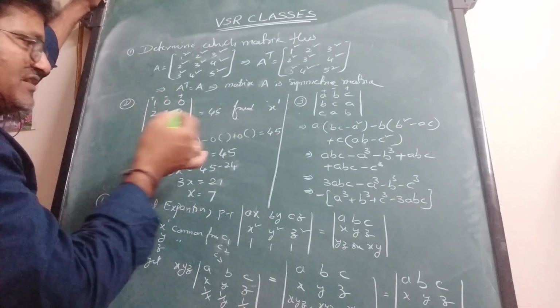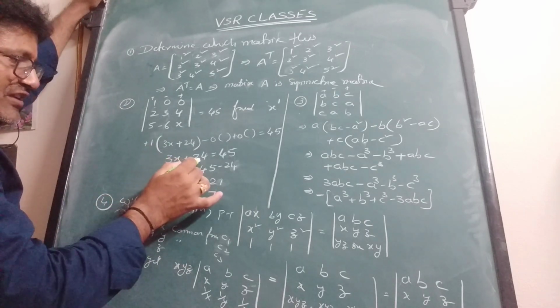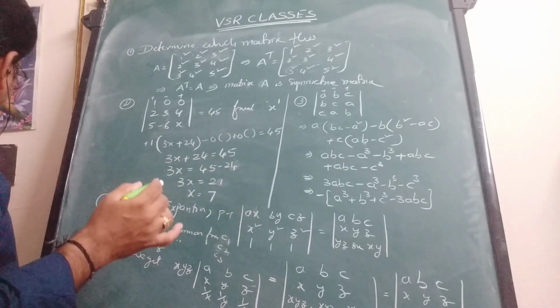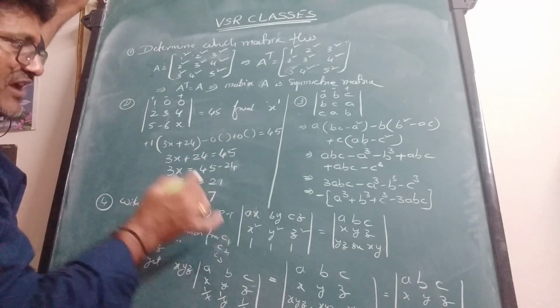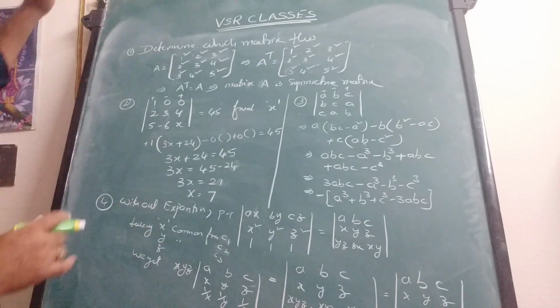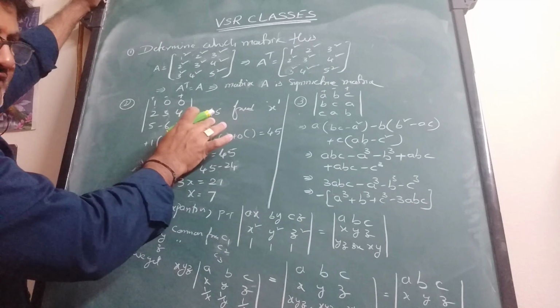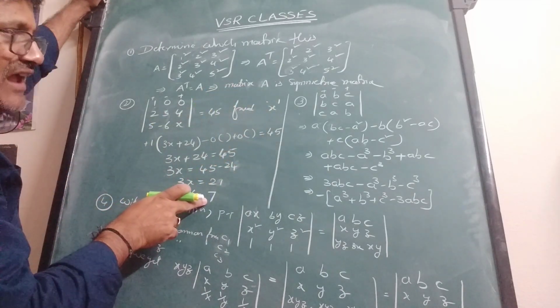Plus 0 into anything, no need to find. It is equal to 45. So we can write 3x plus 24 is equal to 45. 3x is equal to 45 minus 24, and 3x is equal to 21, and x is equal to 7. Now the determinant value of this is 45 as given, and we have to find the value of x. We got x value as 7.